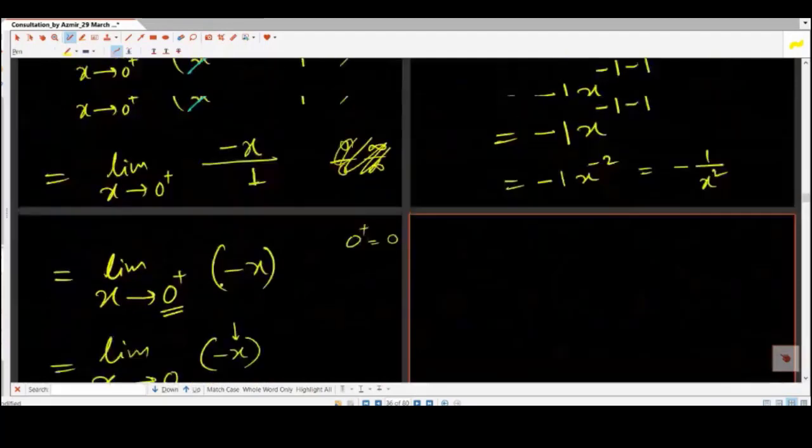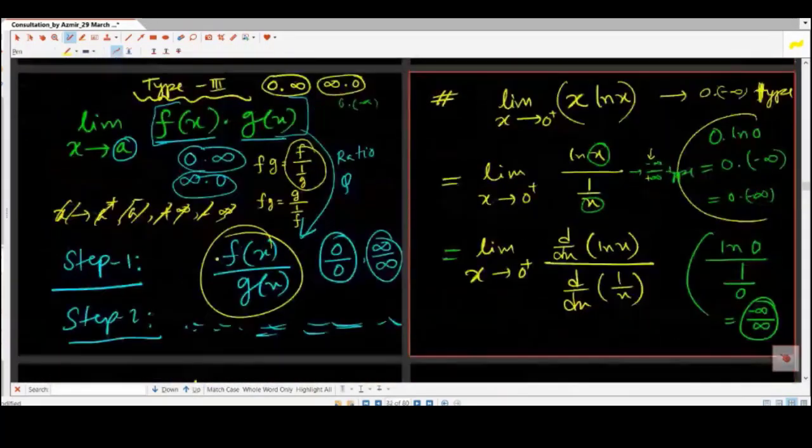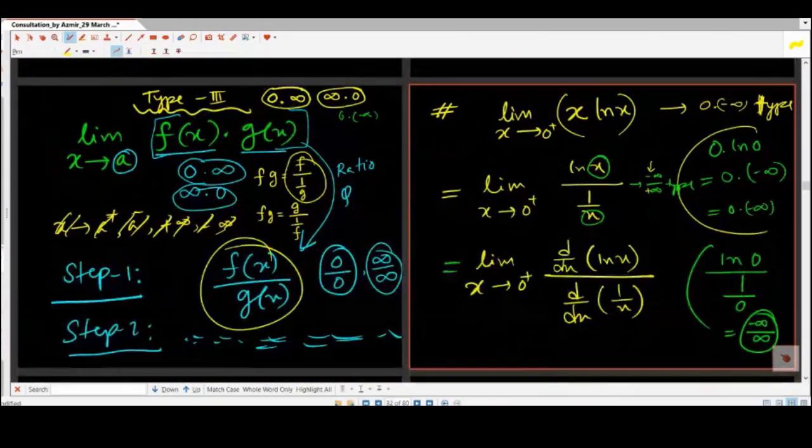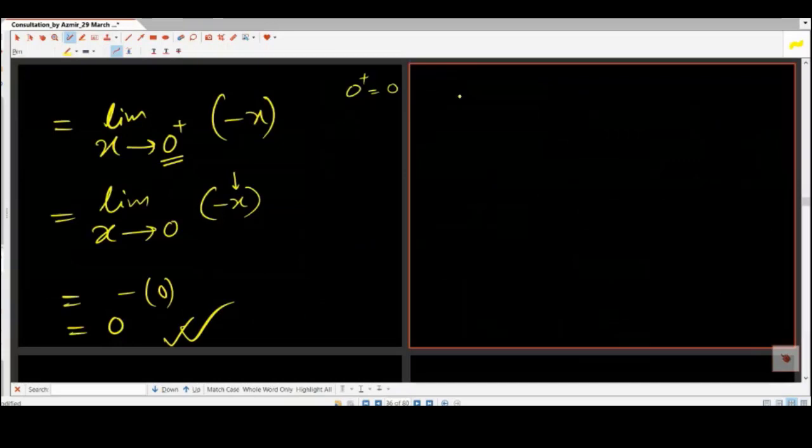So this is how we can solve if we have type 3, that is 0 times infinity, infinity times 0, 0 times negative infinity, that means multiplication of 0 and infinity. So let's solve another similar problem.